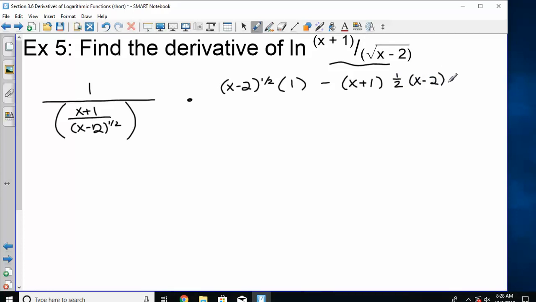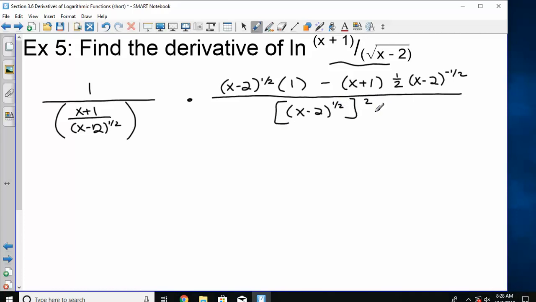Inside stays the same, subtract 1 from the power. All over low squared.